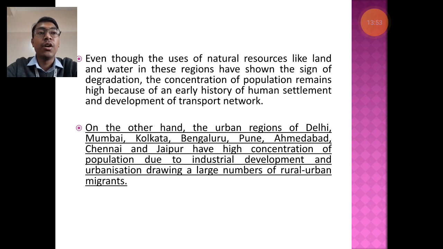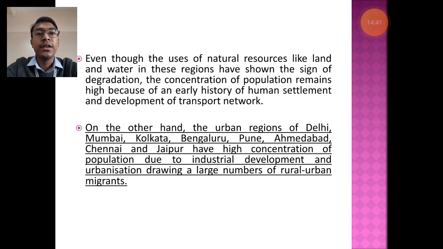On the other hand, if we see the population of some of the metropolitan cities of our nation, basically the urban areas, we can see that the urban regions of Delhi, Mumbai, Kolkata, Bengaluru, Pune, Ahmedabad, Chennai and Jaipur have a higher concentration of population due to industrial development and urbanization, drawing a large number of rural-urban migrants.